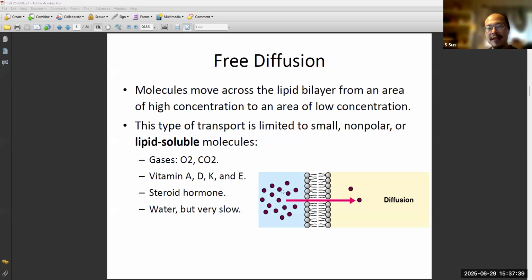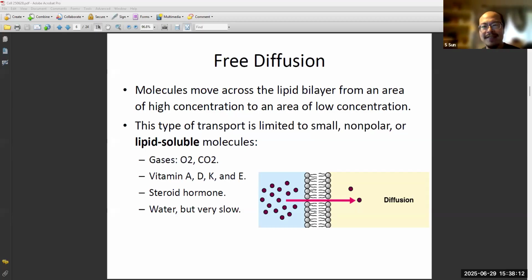Diffusion is movement from a high concentration area to a low concentration area. That's the tendency, leaving this crowded space for more empty space. So that's free diffusion. Because one area has high concentration, they will just diffuse across.